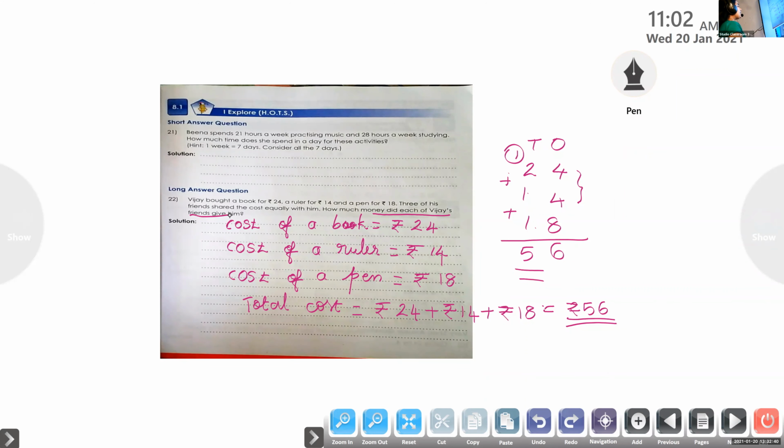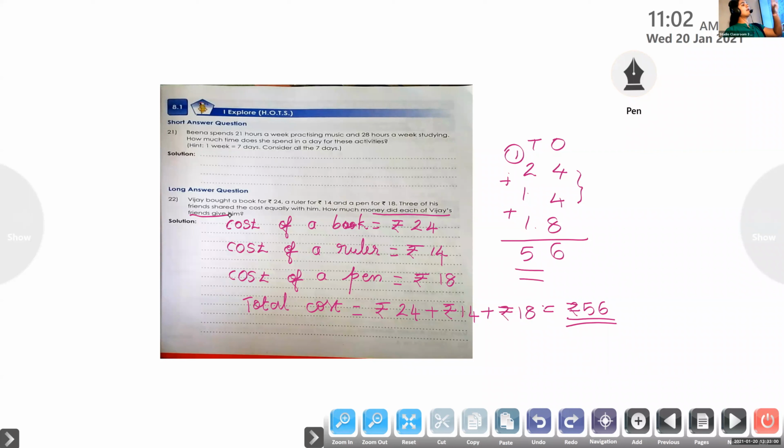So total how many persons are there? Four. Three friends plus Vijay, 3 plus 1, 4 are there.